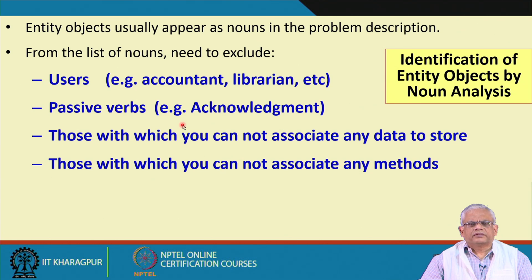Some nouns are actually passive verbs; they are verbs, but in the text they are written like a noun. For example, acknowledgement. Acknowledge is the verb and acknowledgement is the noun form of this verb.